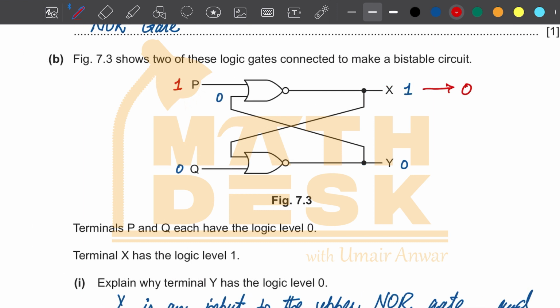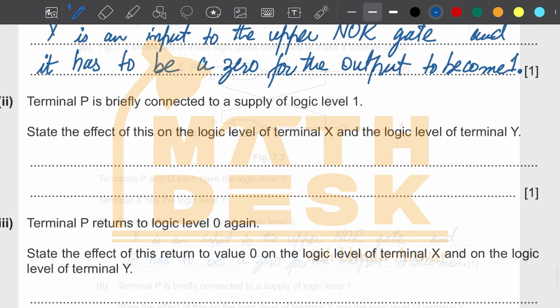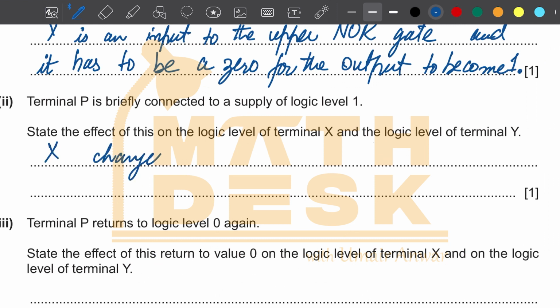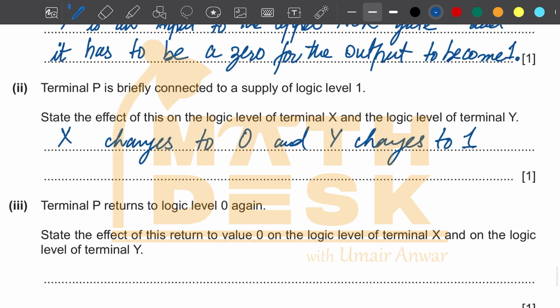So this 0 would become the input for the lower NOR gate, and when both the inputs are 0, the output of the lower gate would change into a 1. So I'm writing the answer here that X changes to 0 and Y changes to 1 because of this change.